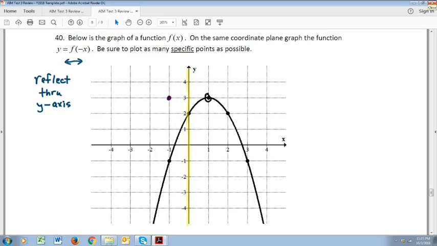So for, let's see, I think we did, yeah, that point there next is on the y-axis, so it won't move. Now this point here is 2 to the right of the y-axis, so there should be a point 2 to the left of the y-axis. And let's look at that point right.